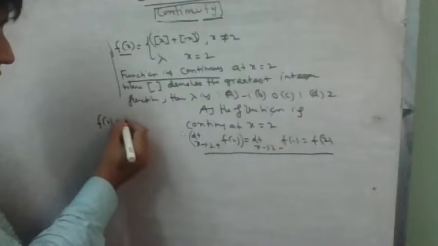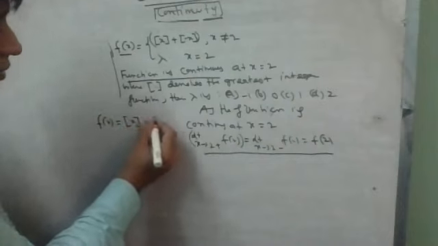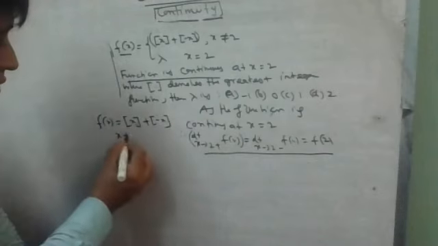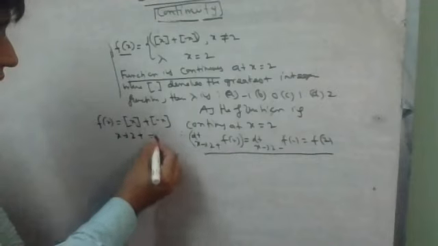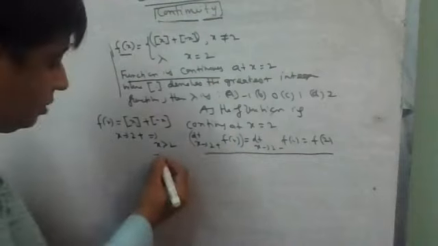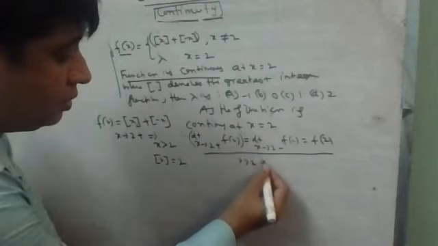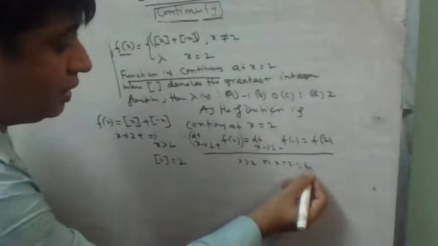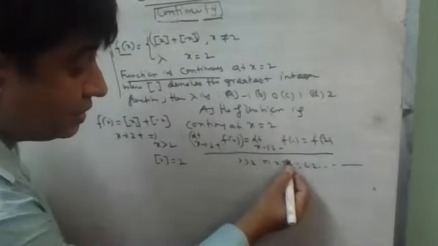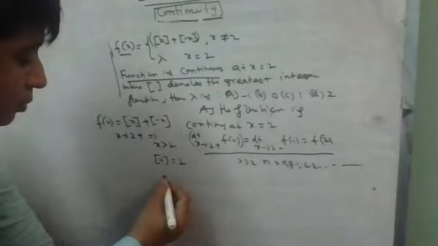So f(x) is [x] plus [-x]. Now x tends to 2 plus, it means what? x greater than 2. In that case, [x] will be 2. Why? Because the numbers are 2.1, 2.2, 2.3, so its integer part is 2. [x] is 2. x greater than 2 means minus x less than minus 2.